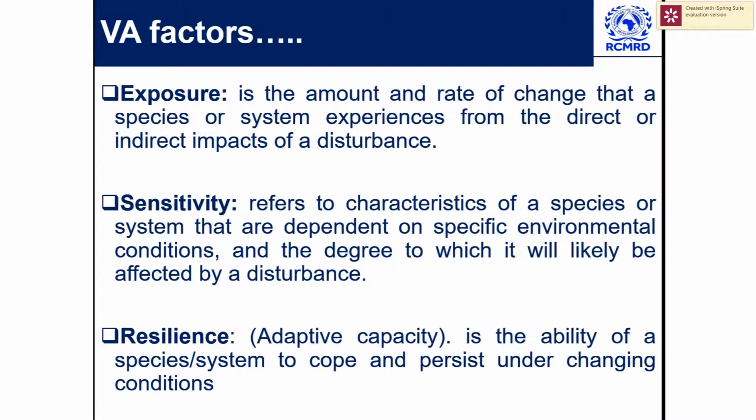Sensitivity looks at the characteristics and conditions of the wetland system, which depend on specific environmental conditions, and the degree to which it's likely to be affected by a disturbance. Lastly, resilience or adaptive capacity is the ability of a wetland ecosystem to cope and persist under the changing conditions. These changing conditions are being caused by the exposure factors.